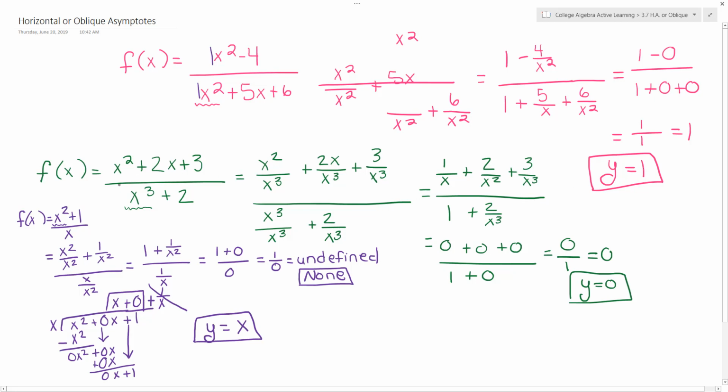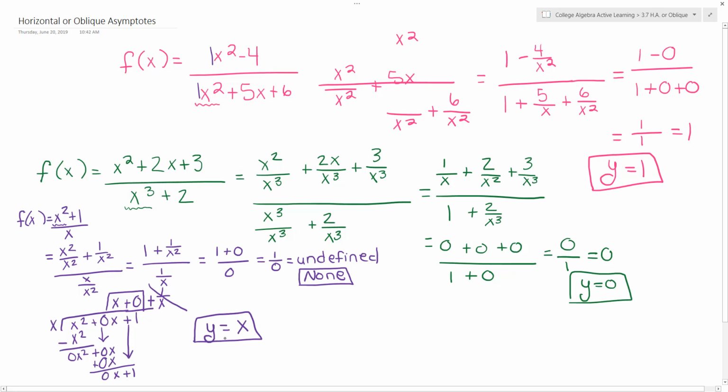So in the second example, the higher power was in the denominator. Well, when that happens, you're always going to have a horizontal asymptote of y equals 0. And then in the third example, the higher power was in the numerator. When that happens, there will always be no horizontal asymptote. In fact, the way I think of it is if I can do division, there's not going to be a horizontal asymptote.